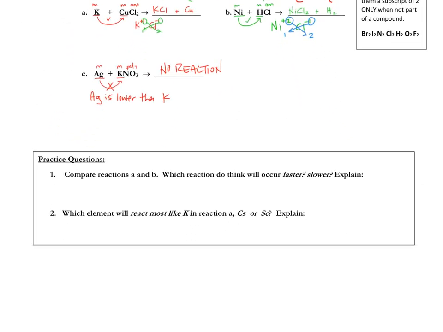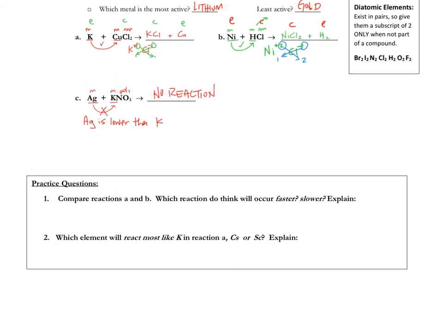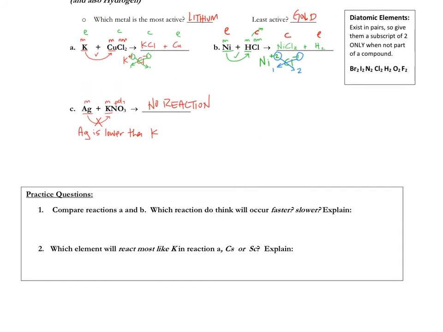All right, so let's look at some practice questions here. Compare reactions A and B. Which reaction do you think will occur faster or slower? Take a minute to look at reaction A, look at reaction B. In reaction A, I've got potassium and chlorine, and in B, I've got nickel and hydrogen.